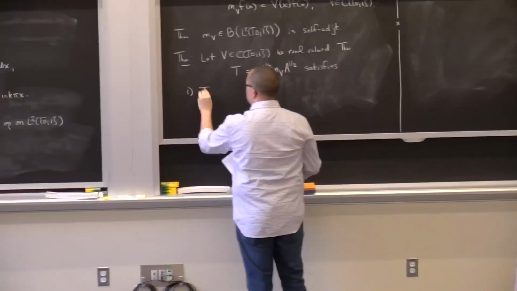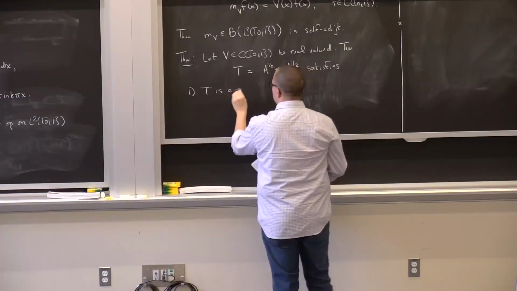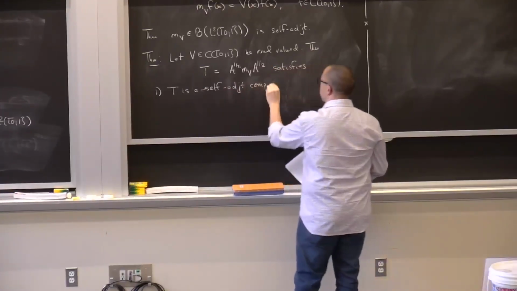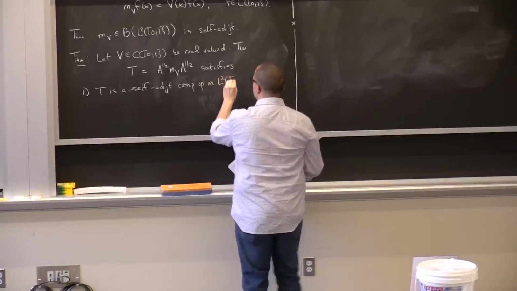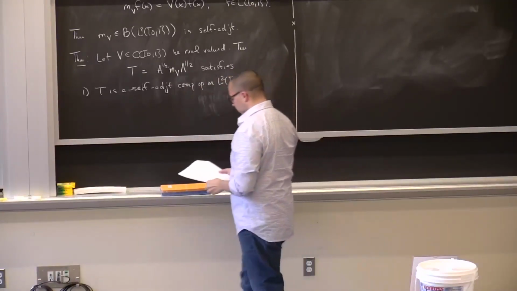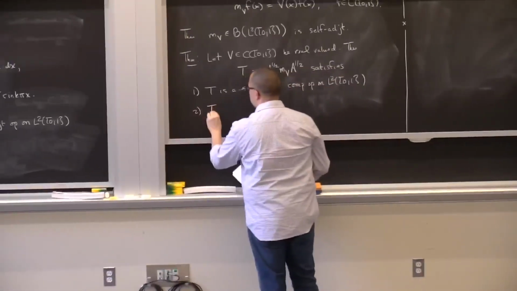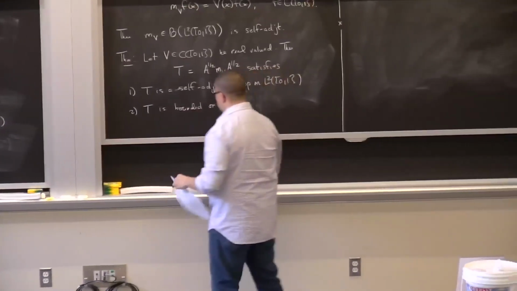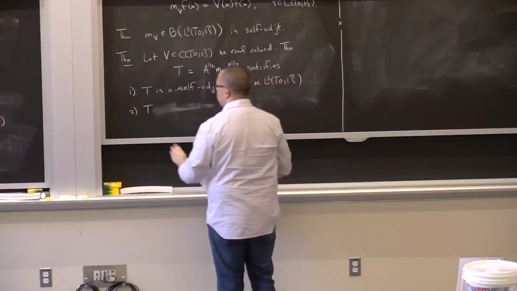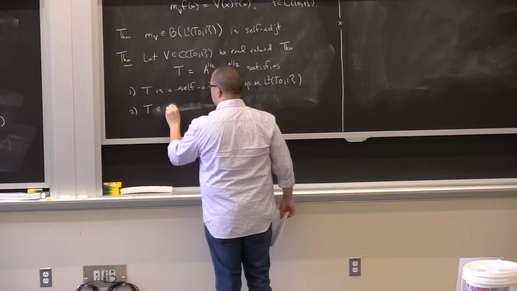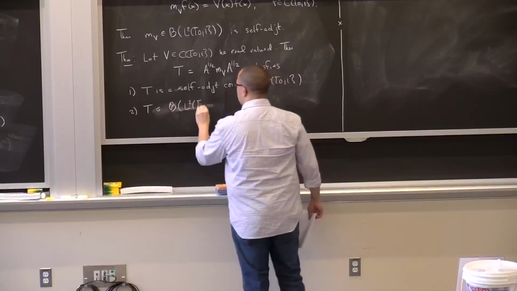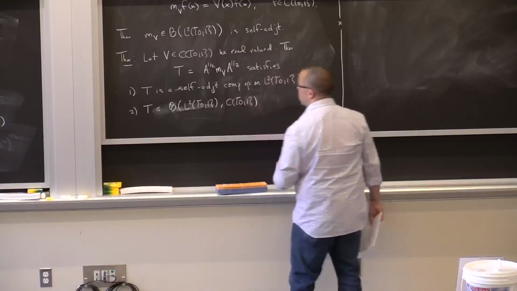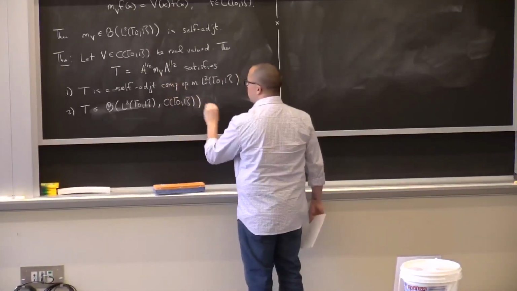One is T is a self-adjoint compact operator on L2. And one extra condition is T is bounded. So in fact, T is a bounded operator from L2 to continuous functions. Meaning if I take an L2 function and stick it into this function, I get out a continuous function in a bounded way.